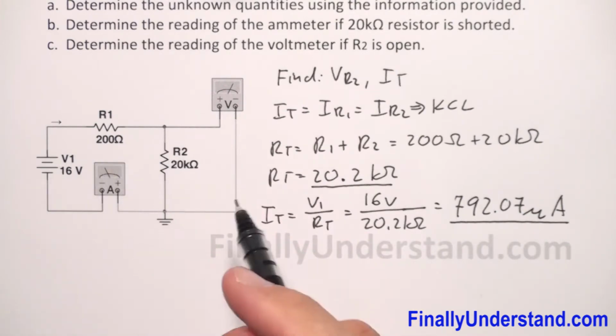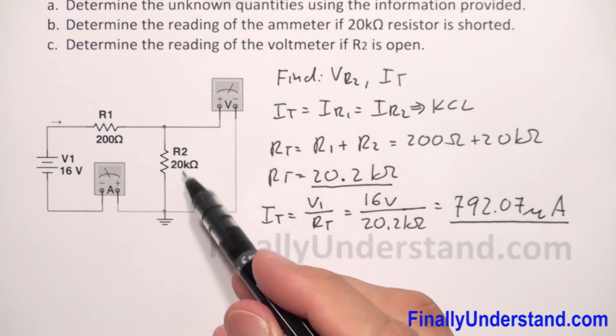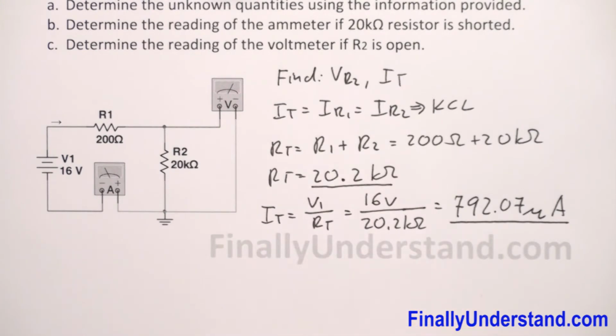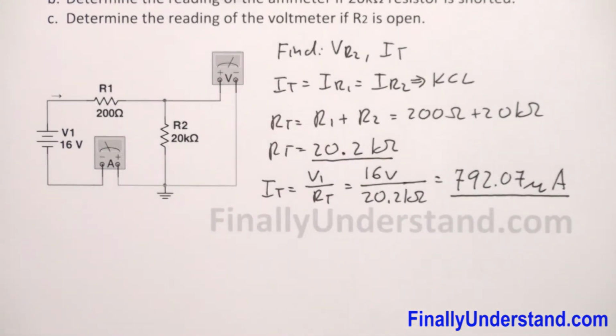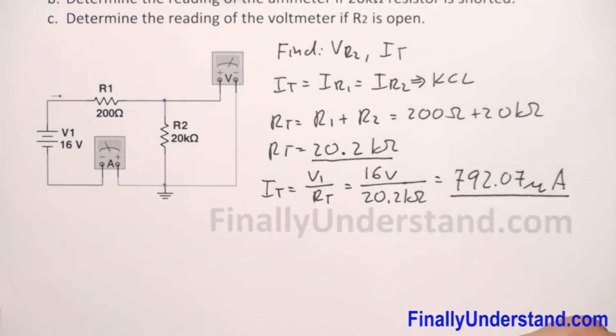In a series circuit all currents are the same. Next we're supposed to find the voltage across resistor R2. In order to practice the voltage divider formula, I'm going to find this voltage by using the voltage divider formula.